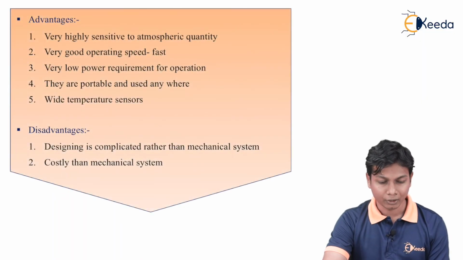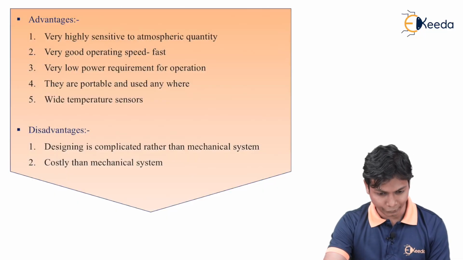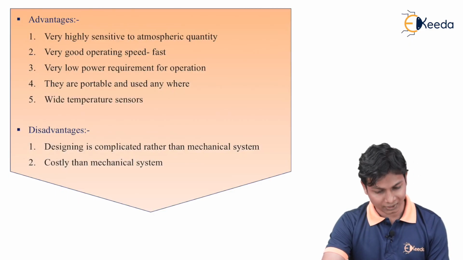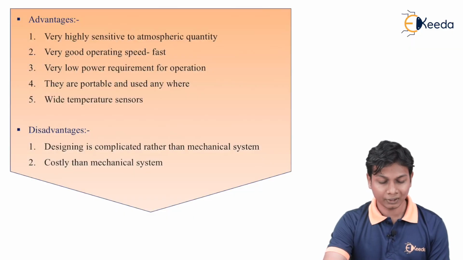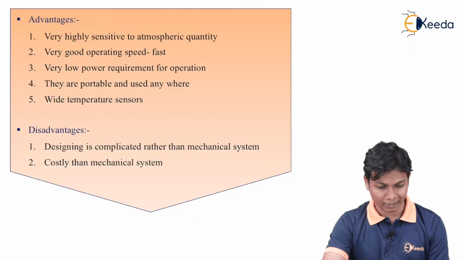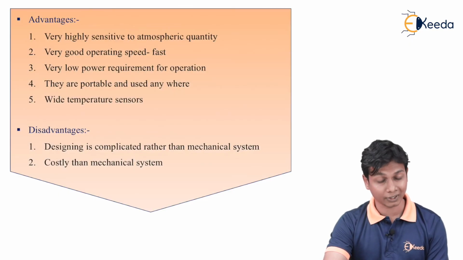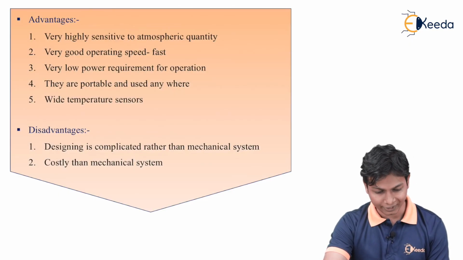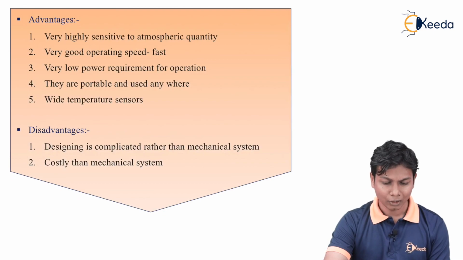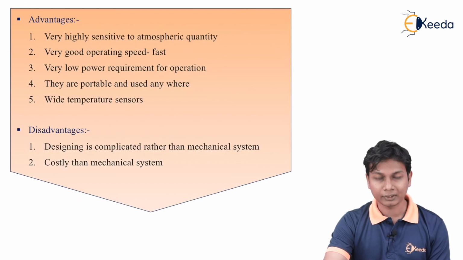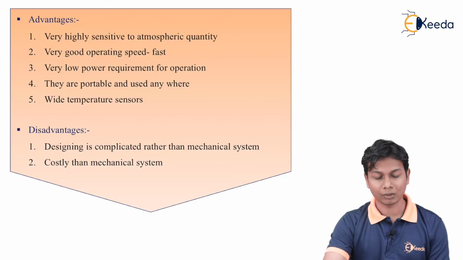The advantage of this type of sensor is that it is highly sensitive to the atmospheric quantity, has very good operating speed, very low power consumption, and portability, and it can be used anywhere; a wide-temperature sensor is also one of the types. The disadvantage is that the design is more complicated than a mechanical system, and cost is also an important factor.